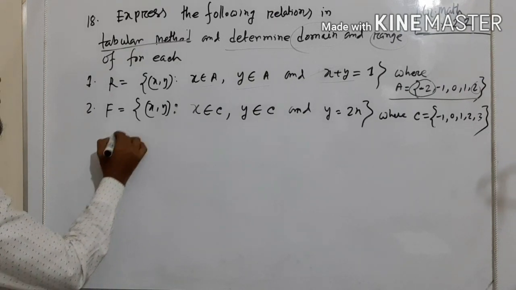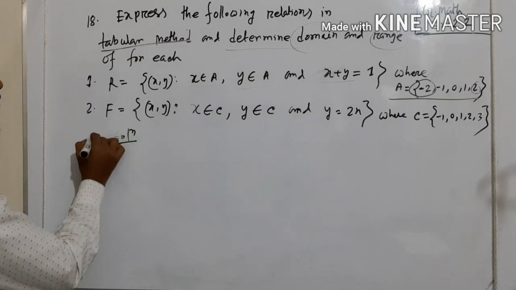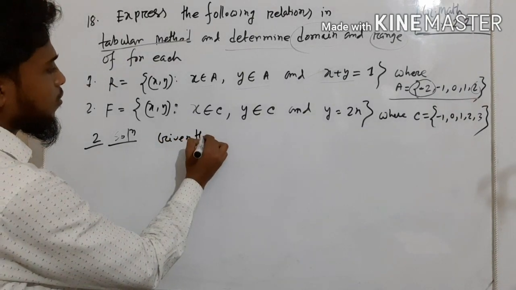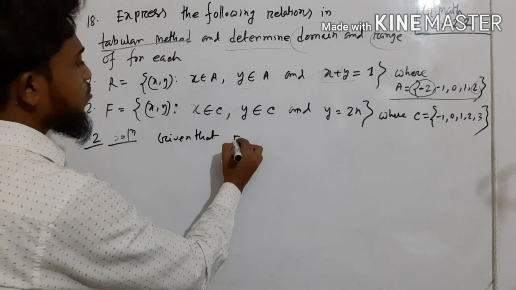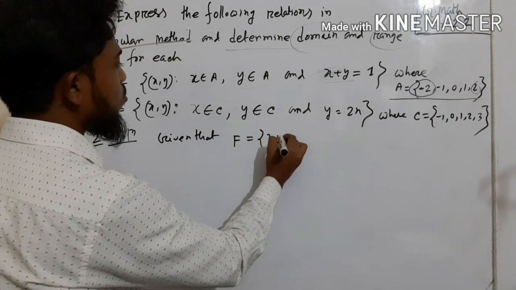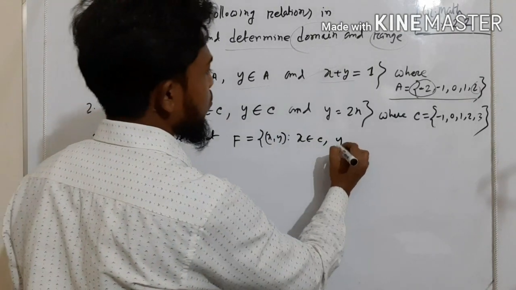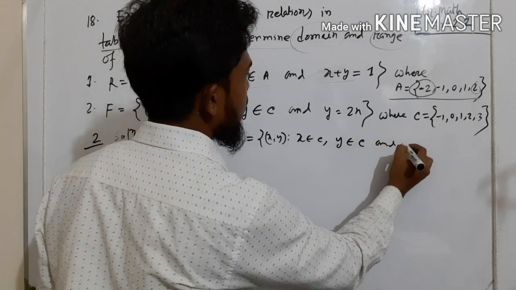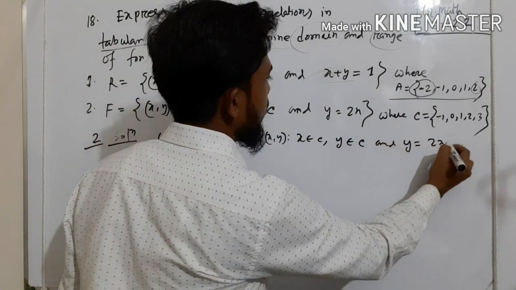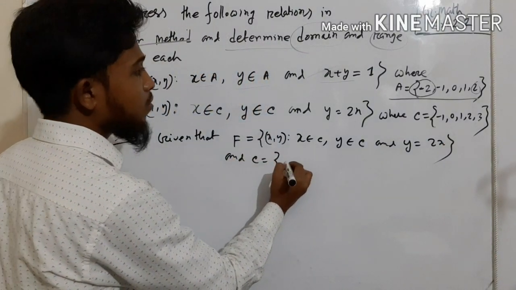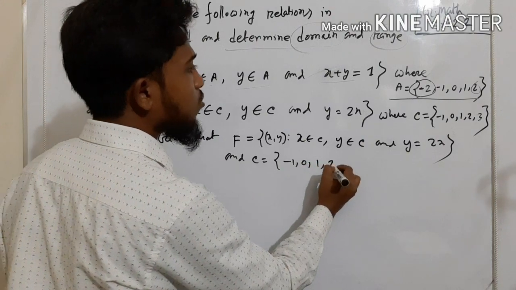Here given that f equal to x comma y such that x is in C, y is in C, and our condition y equal to 2x, and C equal to minus 1, 0, 1, 2, 3.